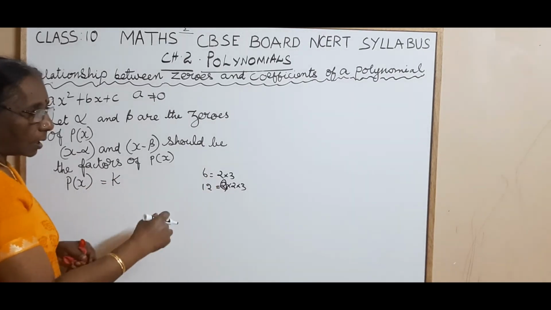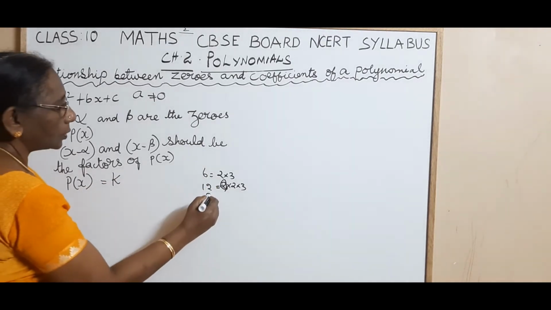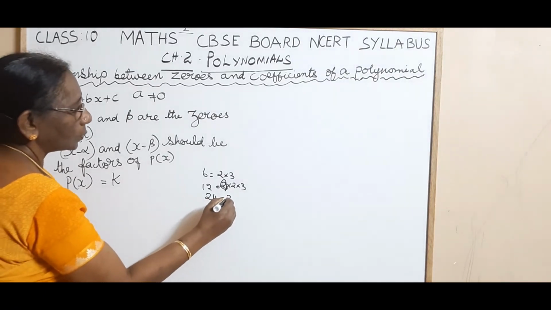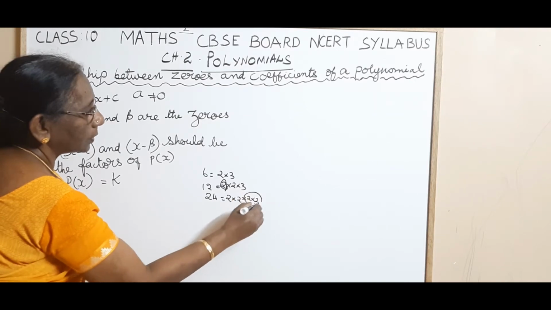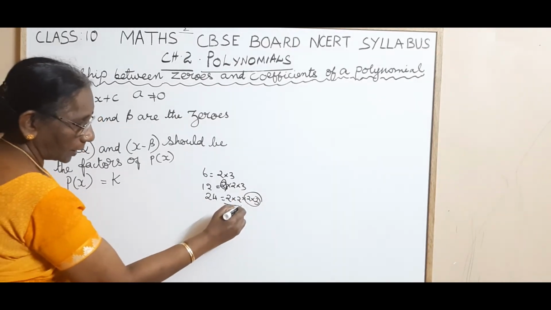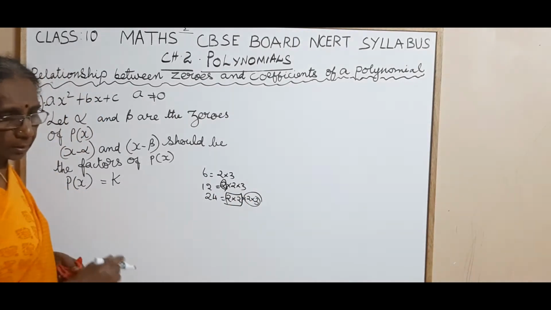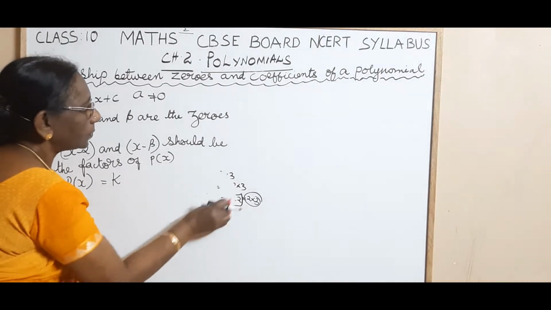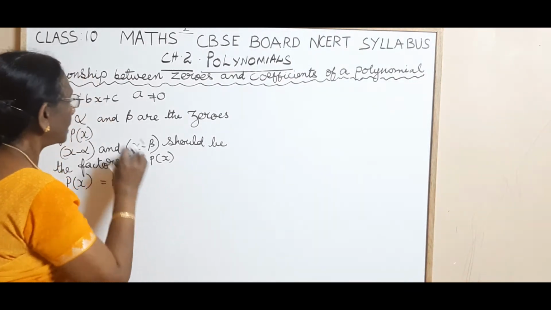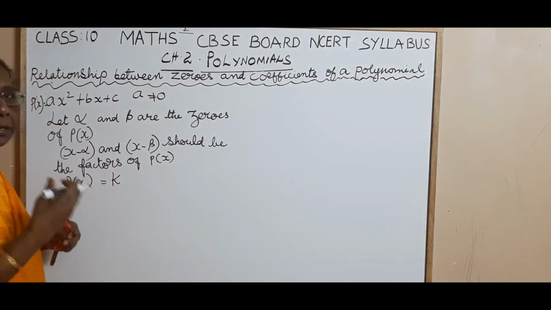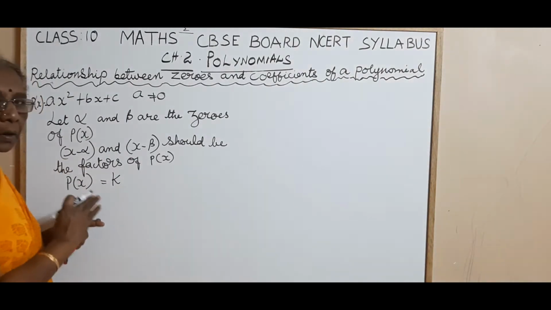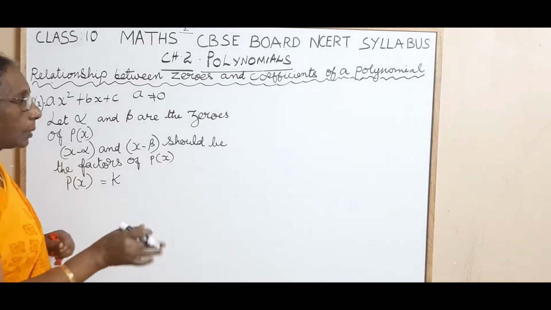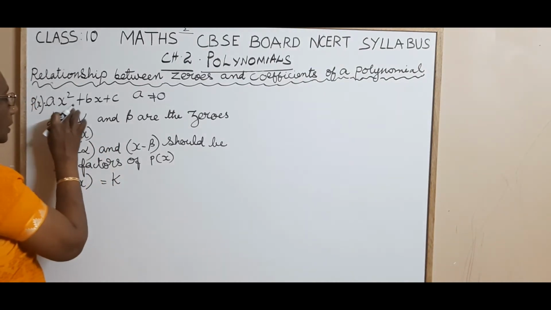The same way, if you take 24, it is 2 into 3 into 4, and again 2 and 3 are factors of 24. Isn't it children? So, the coefficients can have a common factor, so we are taking this constant. But this constant will not affect the polynomial because this is ax square plus bx plus c.